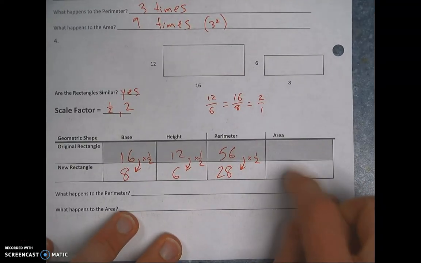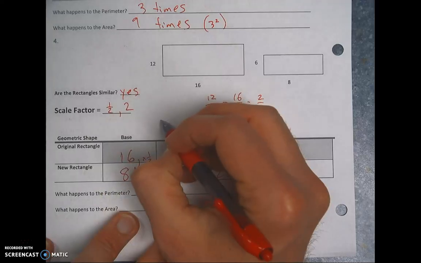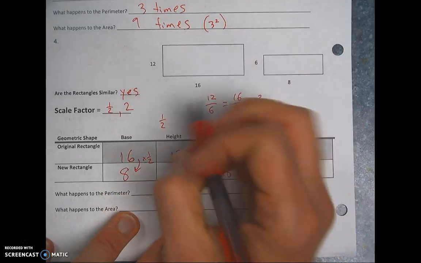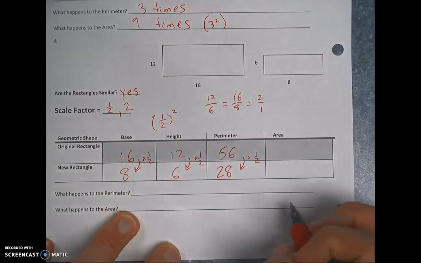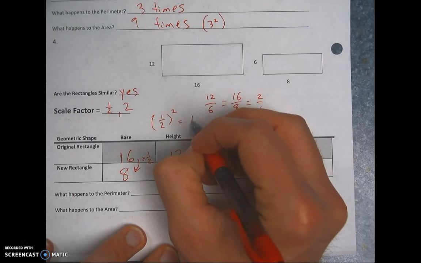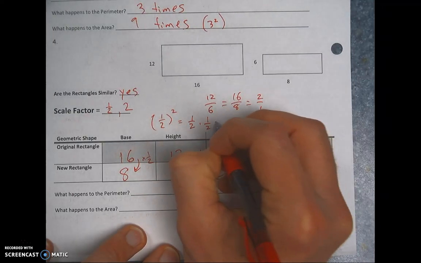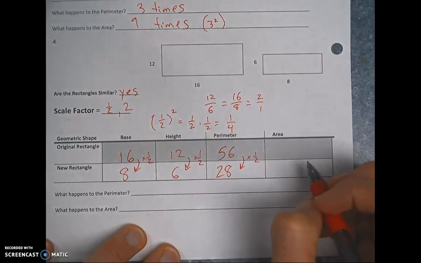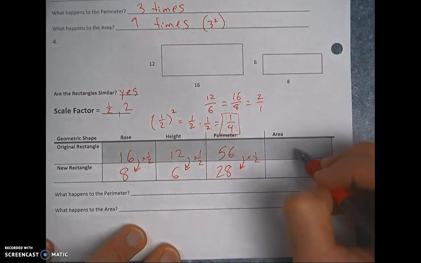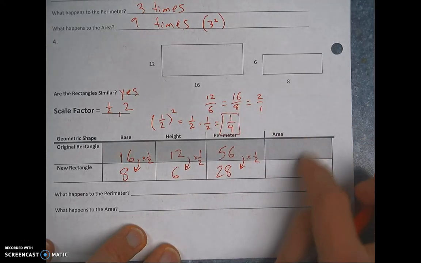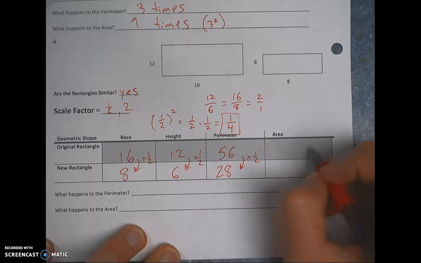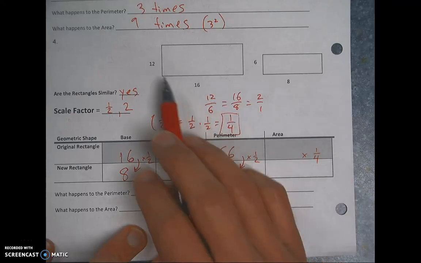All right, so the area should be the scale factor, which is 1/2 going this direction squared. Well, think about what squared means. It means times itself. So 1/2 times 1/2 is 1/4. This should be the scale factor for the area, basically. So what I'm multiplying the area by, it should be 1/4 of the size.